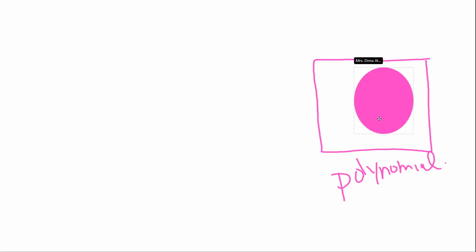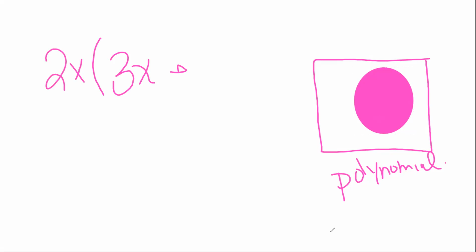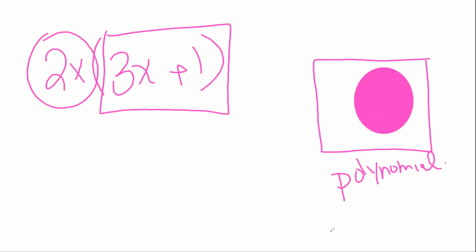That means yesterday I told you that if you have 2x with 3x plus 1, this is the first shape, and this is the second shape. This is a square, and this is a rectangle.